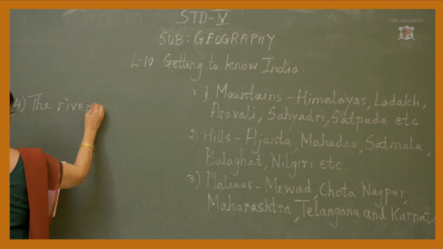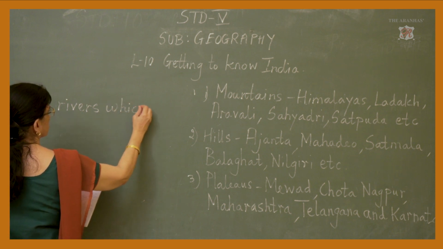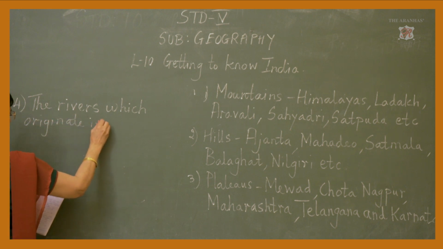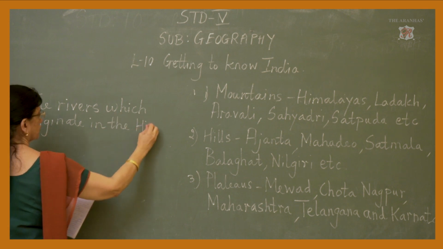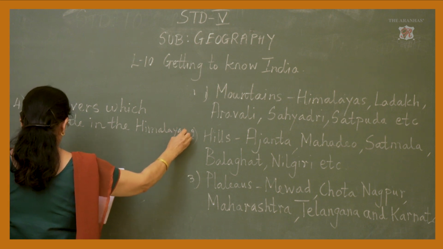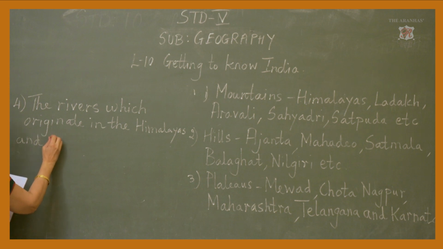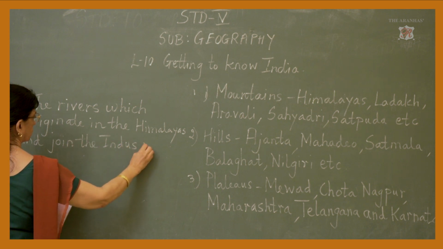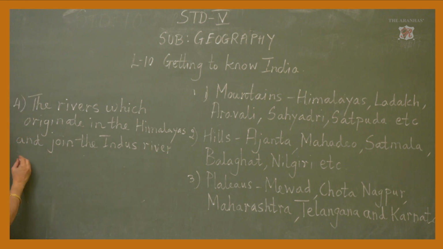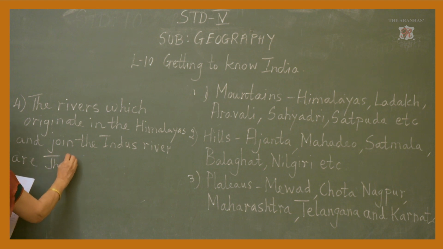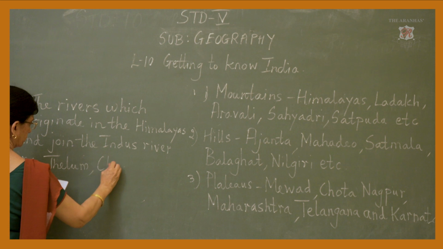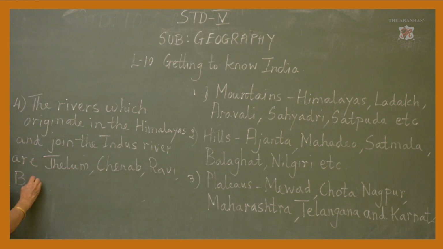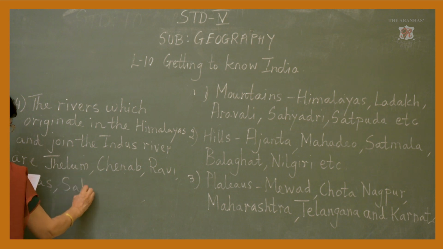The rivers which originate in the Himalayas and join the Indus River are Jhelum, Chenab, Ravi, Bias, Satluj.